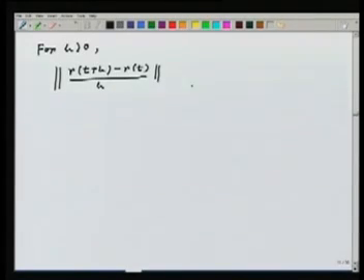Then this is certainly less or equal to 1 by h lambda(t+h), because norm r(t+h) minus r(t) just is the length of a line, which is certainly less or equal to the curved length on the curve, which is lambda(t+h).